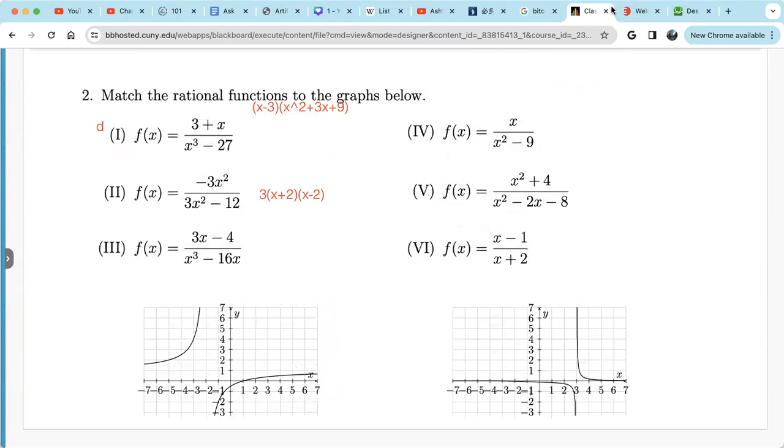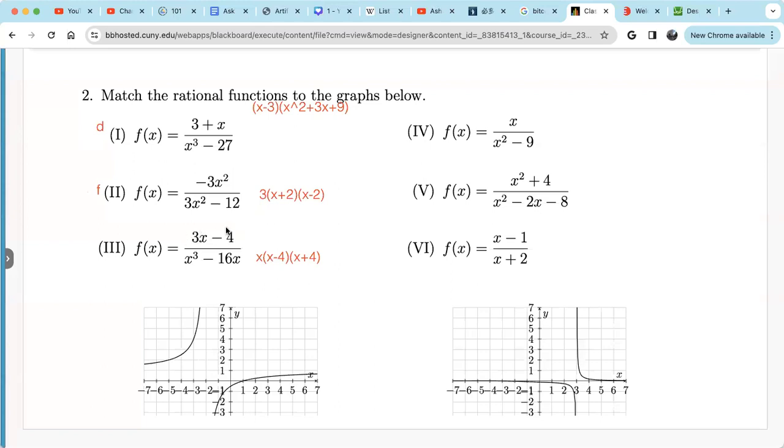Okay, let's write down F. Now let's look at 3. 3, we also can factor. We can factor x. Once we factor x, we have x squared minus 16, which can be factored as x minus 4 times x plus 4. Now we have 3 vertical asymptotes, right?